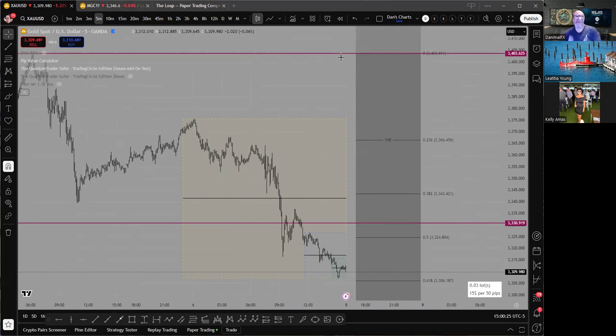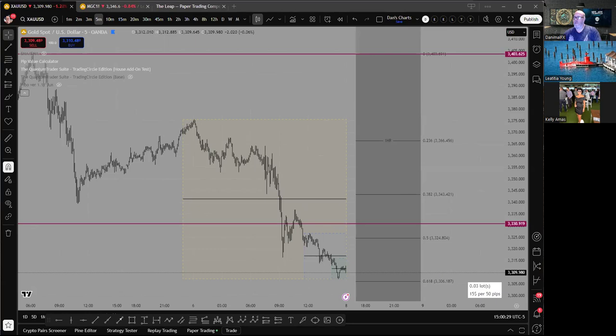Now I know, Kelly, you have the new indicator. I've only just downloaded the box system on Friday morning, I think it was. I had it on my TradingView, but it seems to have gone away.